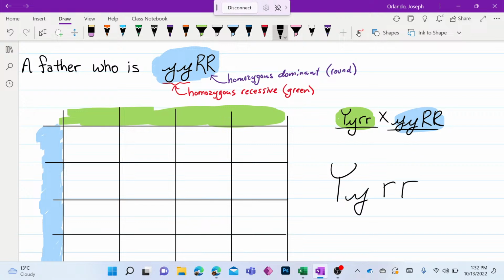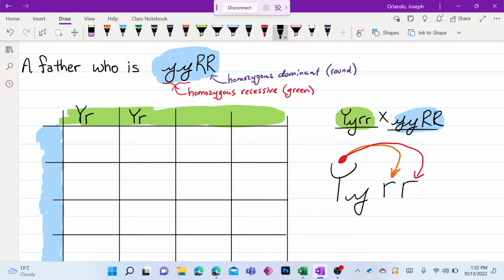So now listen, I can either have Y end up with R, in which case the sex cell I would get would be big Y, little r. Or this could end up with that, in which case these two end up together when random assortment happens, and I would have, yeah, big Y, little r.